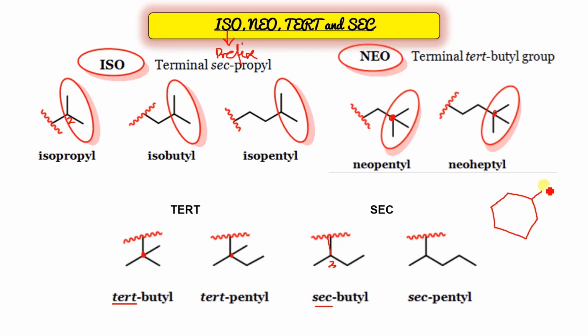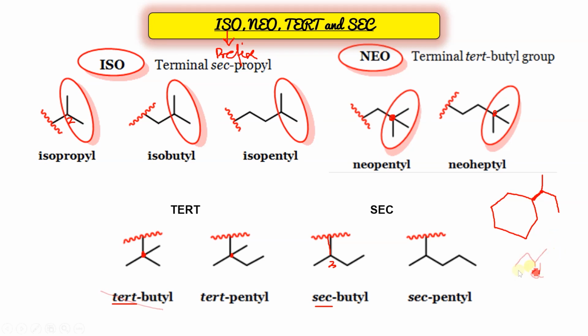Like if I am drawing like this is 1, 2, and here this is 3 and here 4. So see, in the branch it is 1, 2, 3, 4. 4 carbons are there, so butyl will be the branch, isn't it? But this branch is attached with the main chain at the second position. So what will we say? We will say sec butyl cyclohexane.